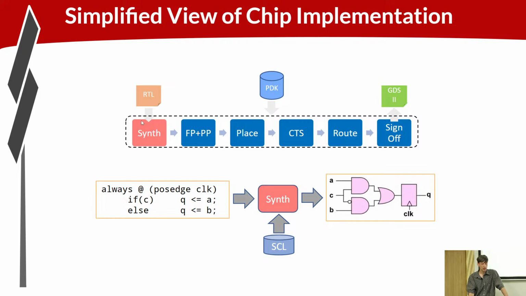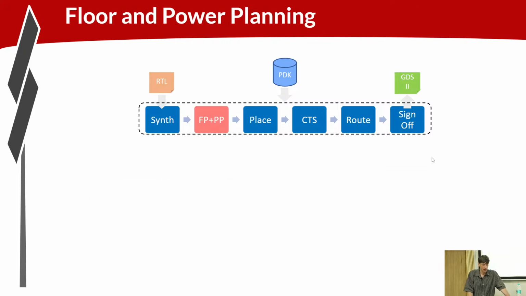So logic synthesis, the input is your RTL. You go through logic synthesis and generate gate level or cell level of your logic. SCL is a standard cell library that characterizes all of your cells.